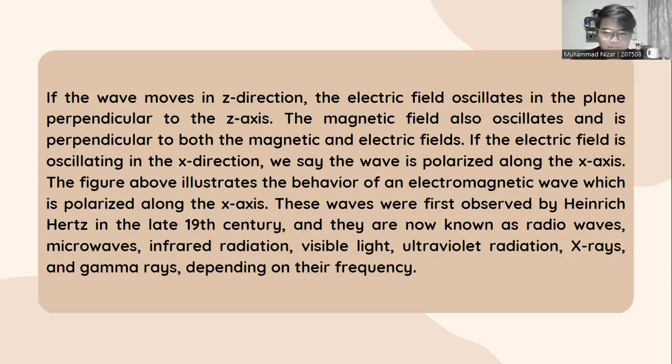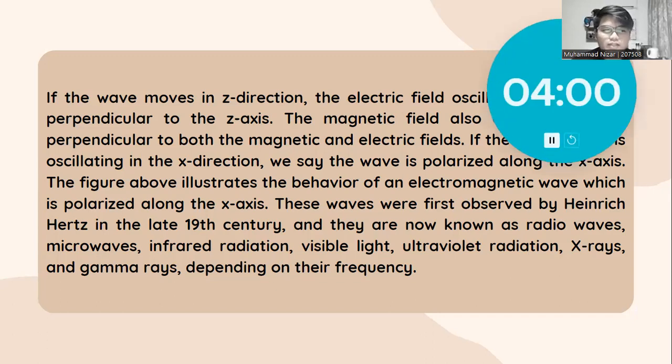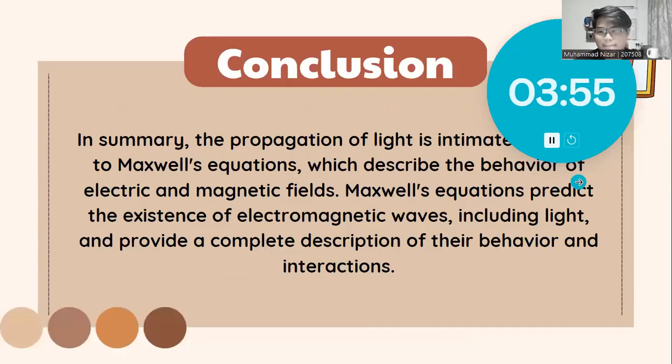So lastly, these waves were first observed by Heinrich Hertz in the late 19th century, and they are now known as radio waves, microwaves, infrared radiation, visible light, ultraviolet radiation, X-rays, and also gamma rays, depending on their frequency. So that's all from me. We go to the conclusion.